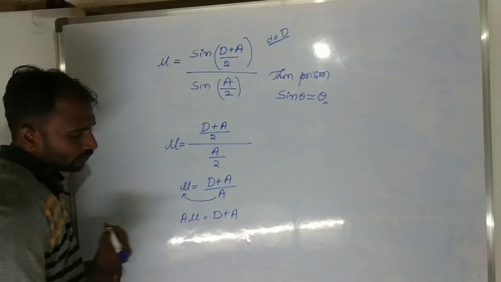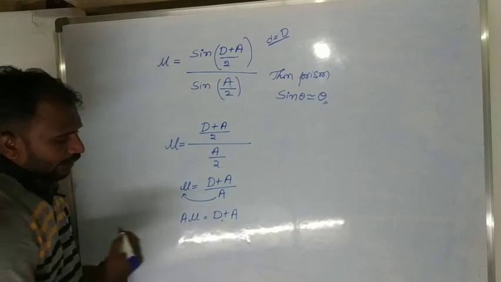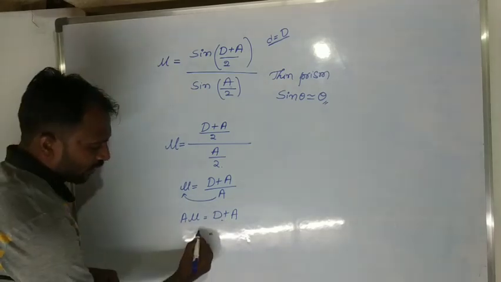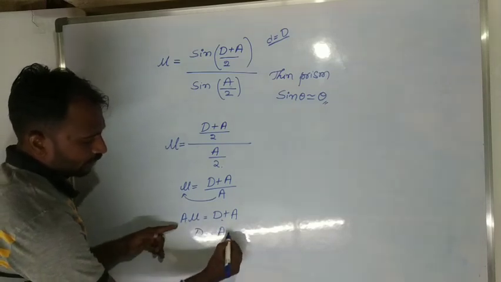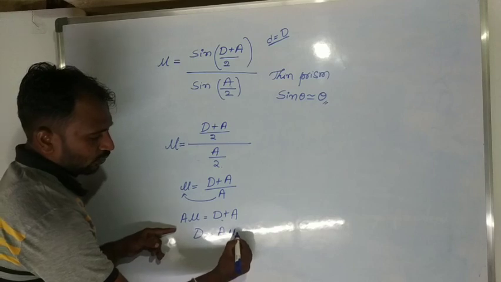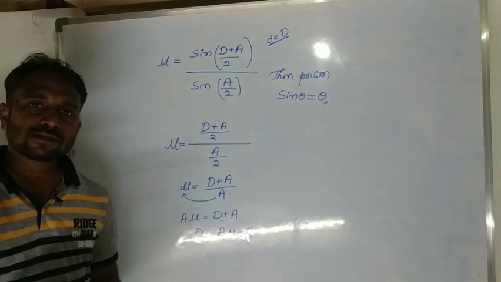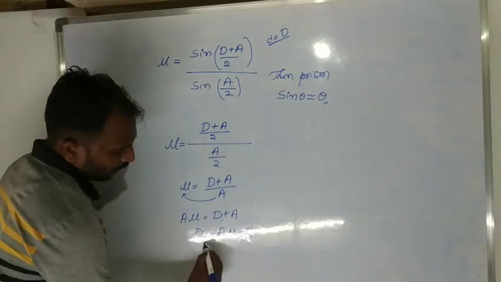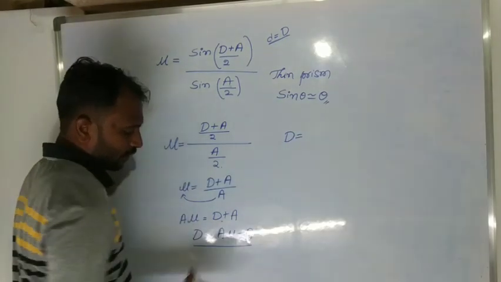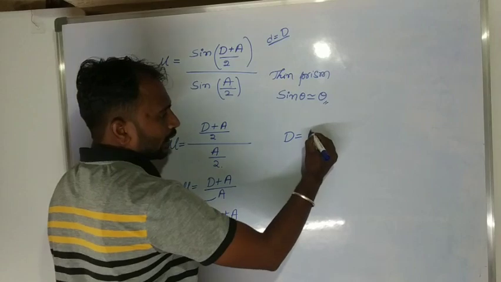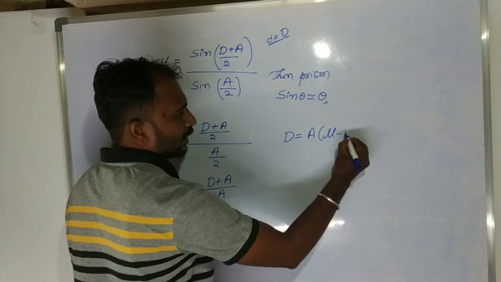So here the angle of deviation D is equal to A into mu minus A. Here mu is the refractive index of the material of the prism. Taking A common, D is equal to A into the refractive index of the material of the prism minus 1.